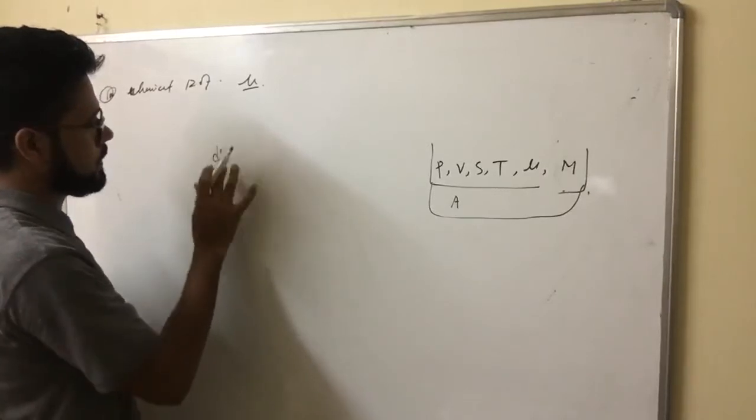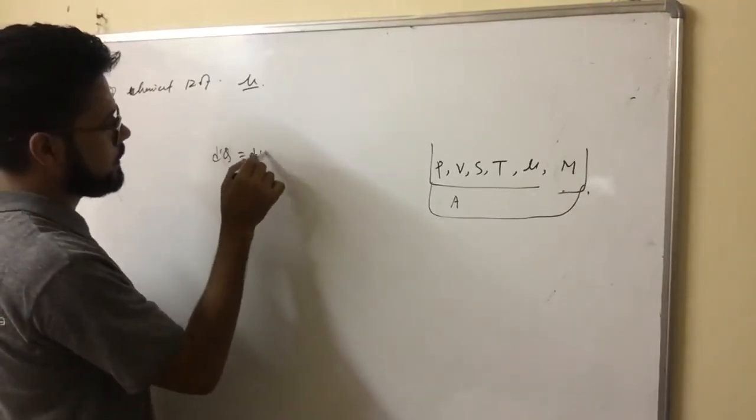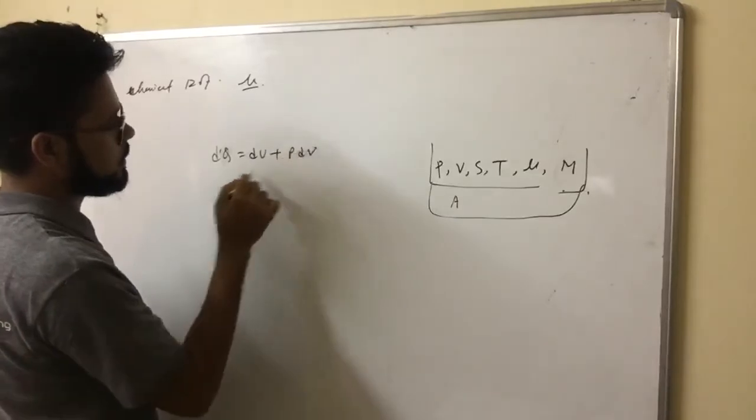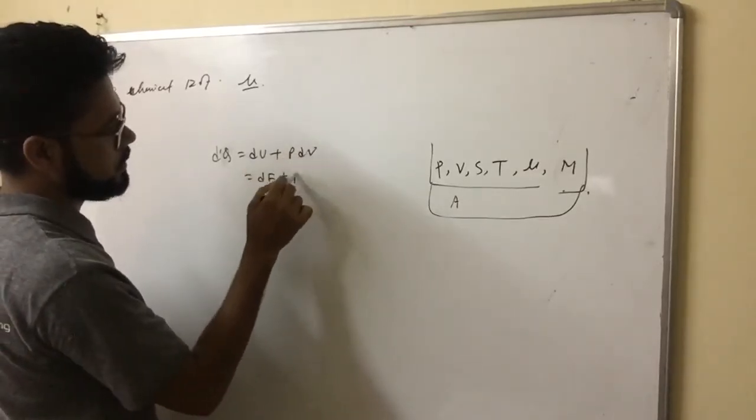The first equation: dQ equals dU plus P dV. Here dU means you can replace it with dE, do not confuse.